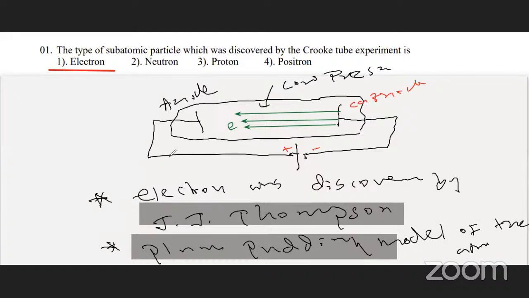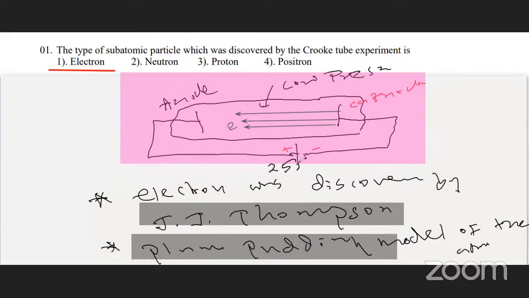Actually, why did he conduct this experiment? Whether there's a possibility of passing electricity through air. When the voltage is very high, say maybe more than 25,000 volts, and the pressure is low, electrons can travel even through air. Usually electrons travel through a conductor, through a metal.